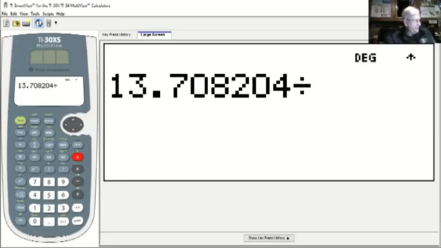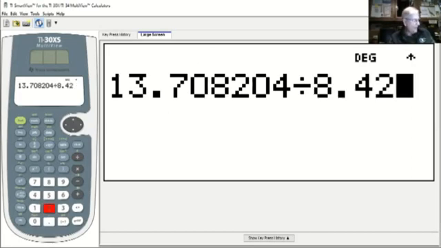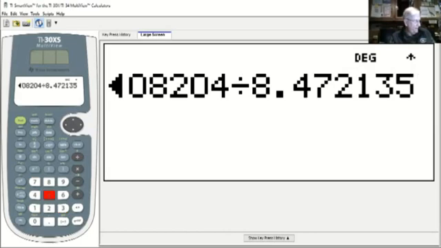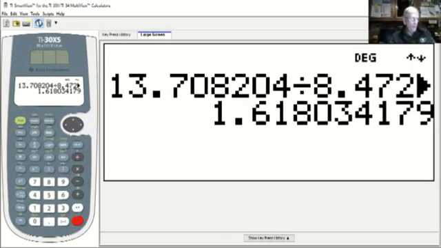I'm going to divide it by 8.42. Oh, I'm sorry, I've got to put a 7 in there, right? I'm going to go back one. So I'm going to do 47235. Okay, and I'm going to hit enter. Notice what I get.